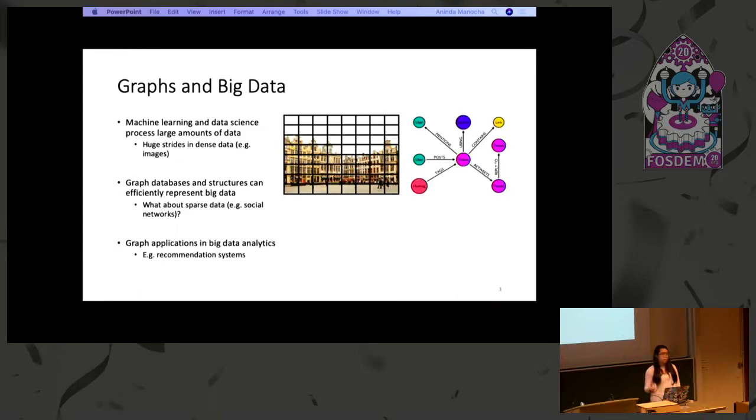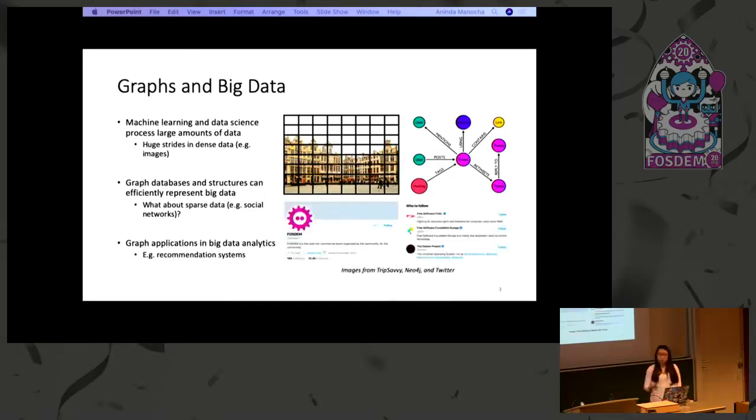Due to the ubiquity of graph databases and data structures, graph applications are at the heart of many big data analytics, as you all know. For example, recommendation systems. Here's an example of Twitter's use of a recommendation system. If a user goes to FOSDEM's Twitter page, they will be recommended other free and open source software.